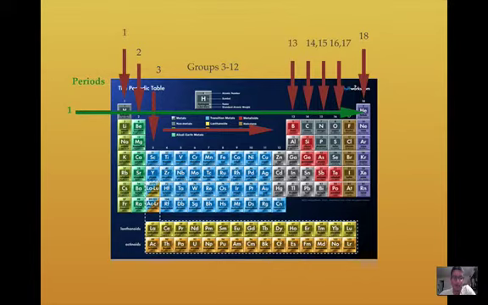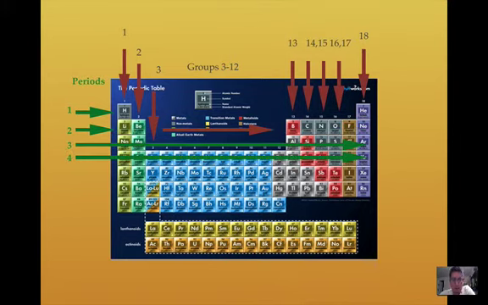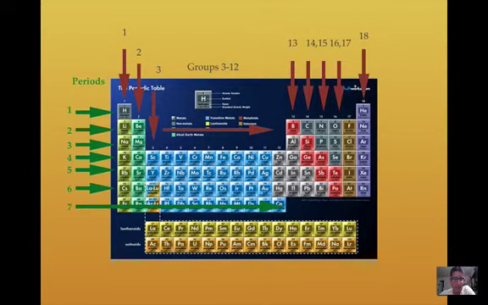So I have period number 1, horizontal period number 1, which extends all the way from hydrogen, and it skips all the way to number 2, helium. Okay, and then period number 2, I go from lithium all the way down to neon, and then groups 3 and 4, 5, 6, and then finally horizontal period number 7.